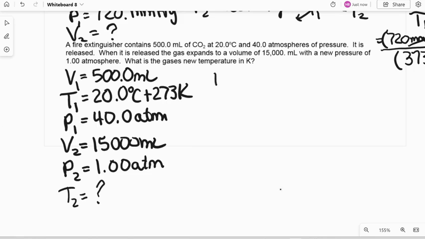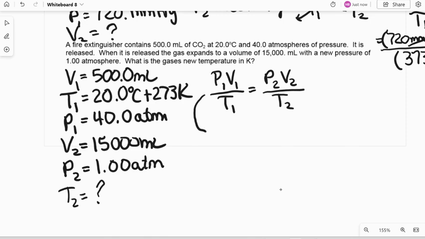Now, this is tricky here because we're going to rearrange the equation, but we can't just start moving stuff around, because if we try to get T2 by itself, it is going to end up on the bottom, and you don't want to solve for T2 on the bottom because it'll be the inverse of the number. So here's a little trick. If you want to solve for a number on the bottom, you can flip it, because if P1V1 over T1 equals P2V2 over T2, it also means that T1 over P1V1 equals T2 over P2V2.